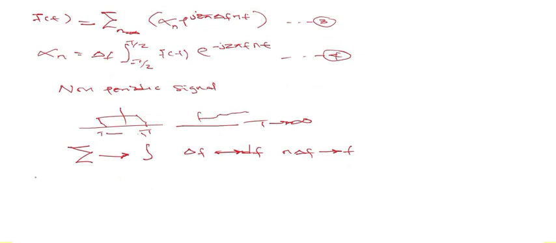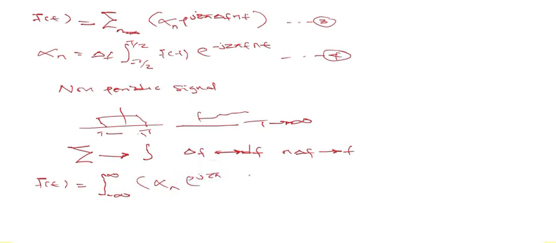So now let's substitute this into our equation. Substituting this into our equation, we have f of t is equal to summation. Instead of putting summation here, we are going to put integral, since we said summation tends to integral. So it's going to be from minus infinity to infinity, open bracket, lambda n exponential j 2 pi.